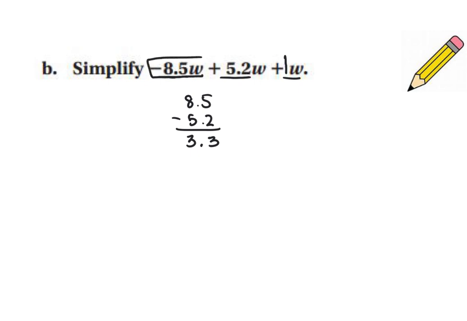The absolute value of our negative number was larger, so it's going to be negative 3.3 W. And then we still need to add the 1W. So negative 3.3 W plus 1 W is negative 2.3 W.